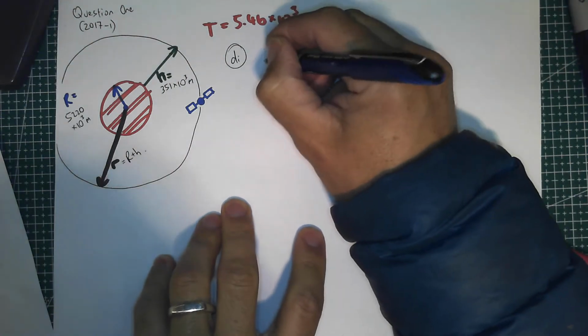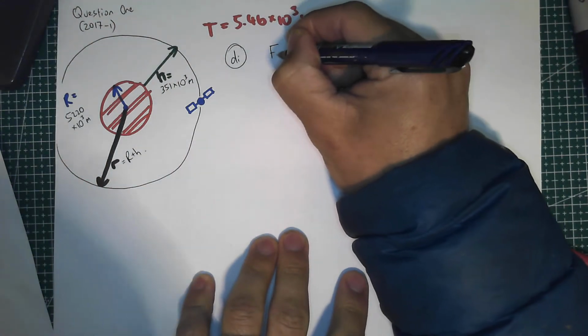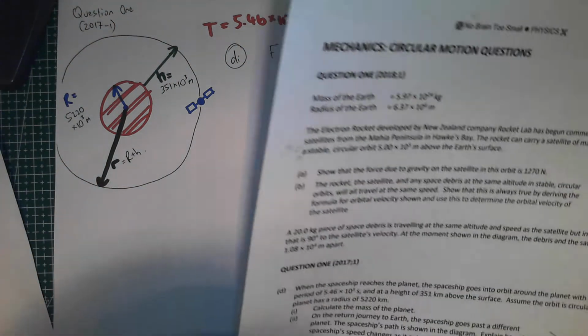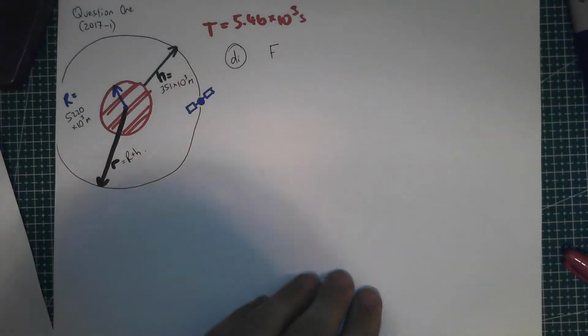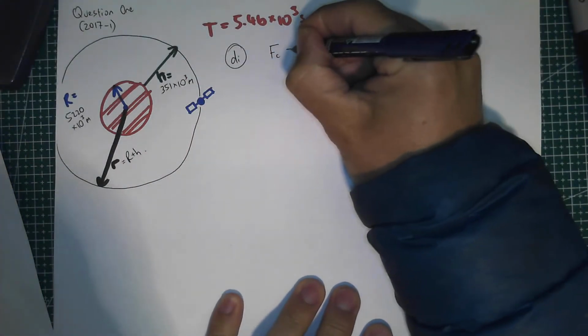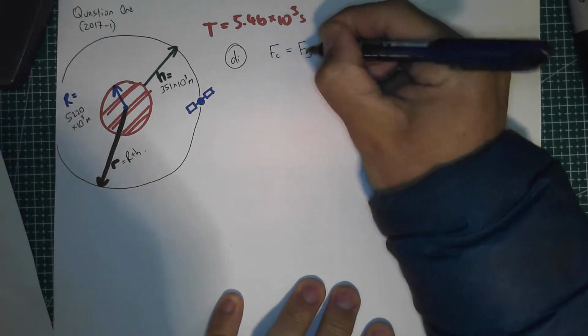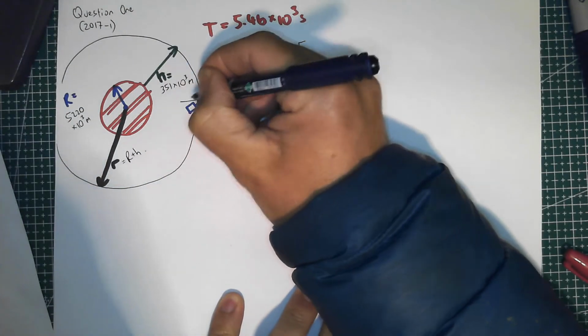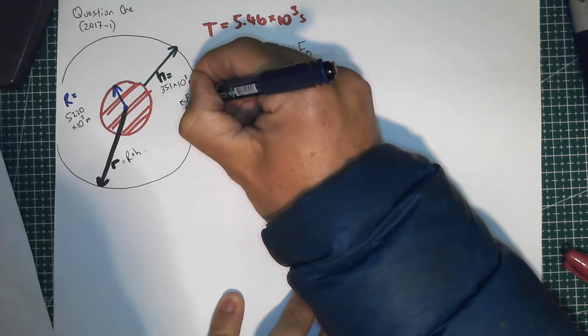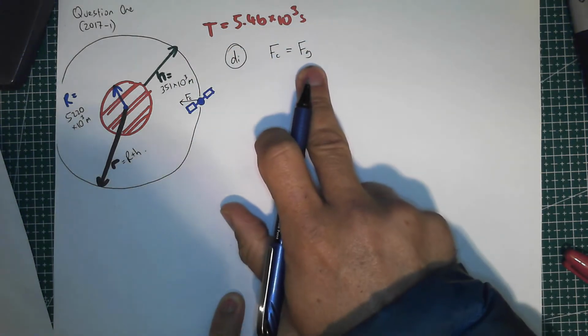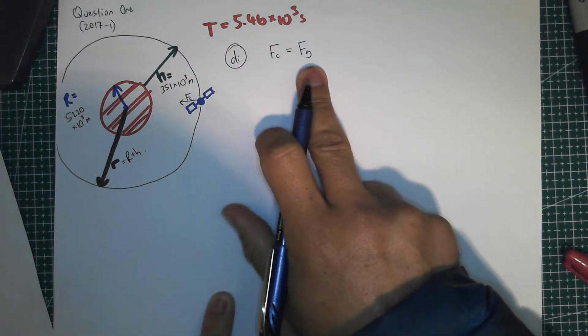It picks up from the same spot as last time. What is the question? Calculate the mass of the planet. So to do this, we need to again equate these two things together. This object is in circular motion, there is a force on that object towards the center, and that force is provided by the force of gravity.